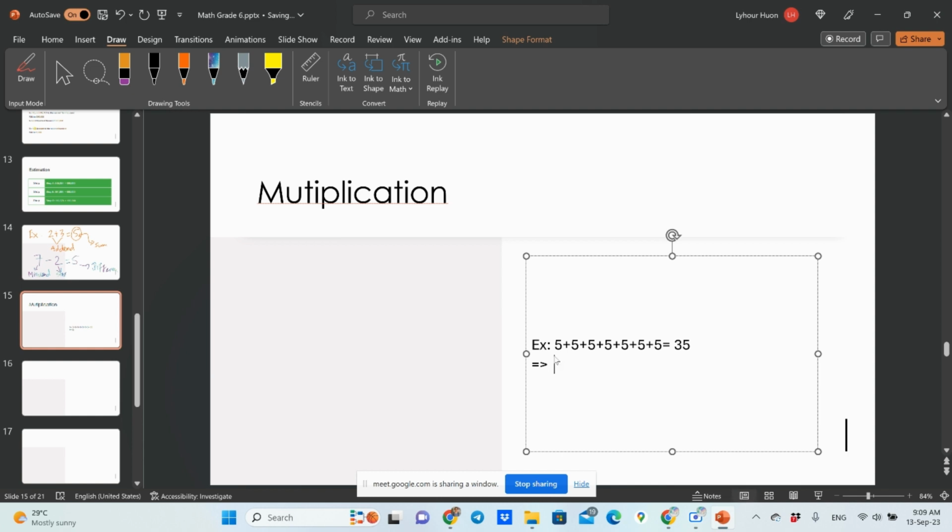If you receive $5 for 7 days straight, the same amount, we write it as $5 times seven. So it's repeated addition, and that is the concept of multiplication. So $5 times seven is also $35. That's why multiplication exists.